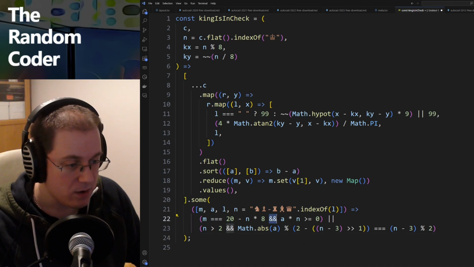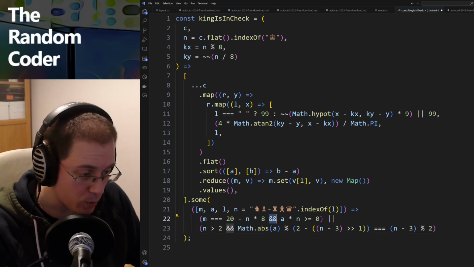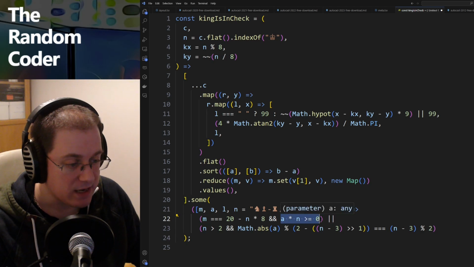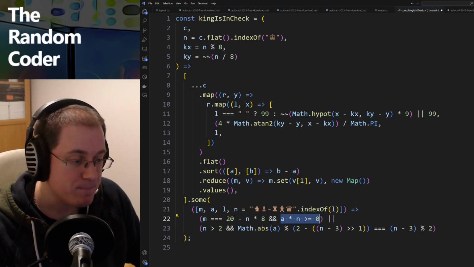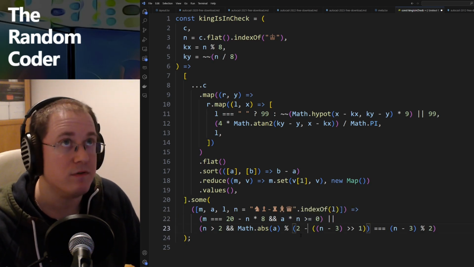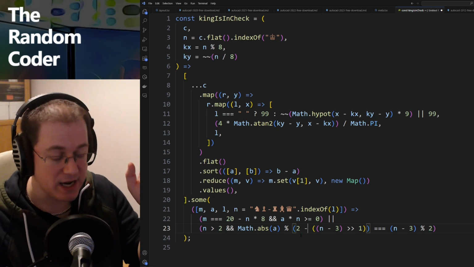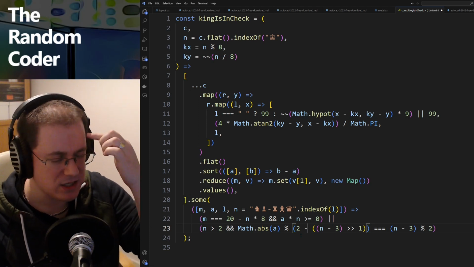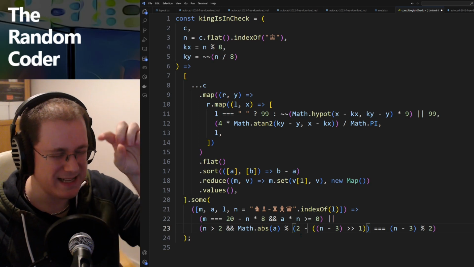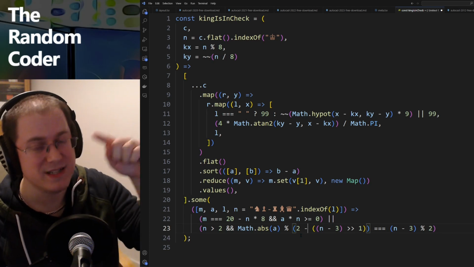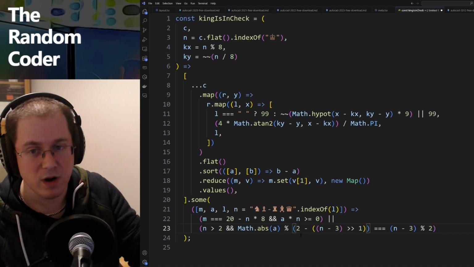And then we also, for the case of a pawn, we're checking the angle, because the angle for a pawn, previously we were checking specific angles, but actually if you think that it must match that distance, and if it's a positive angle, then that works as well.